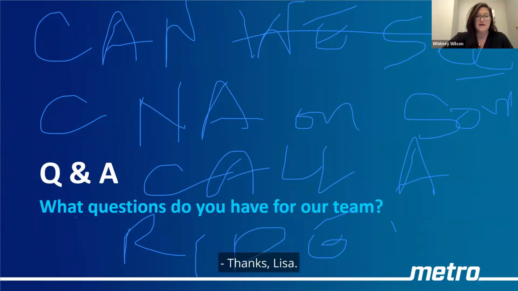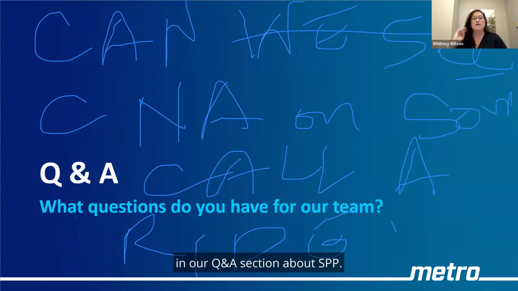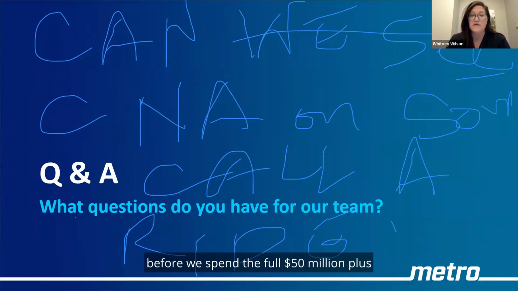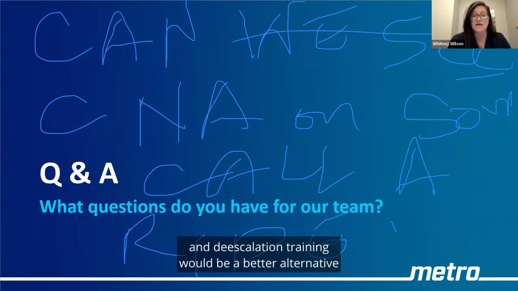Thanks, Lisa. We do have an anonymous question in our Q&A section about SPP. Is there any opportunity to stop the secure platform plan before we spend the full $50 million plus to complete the plan? More investment in bringing staff on board with programs such as Chestnut Health and de-escalation training would be a better alternative to fortifying walls and fences around the system.